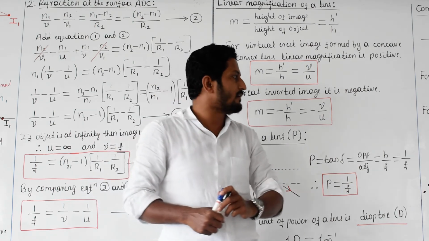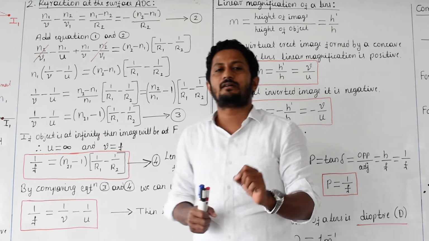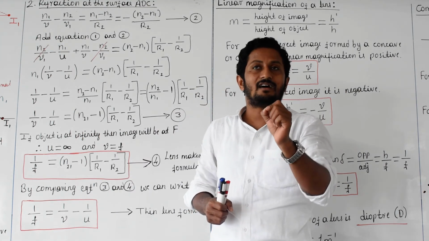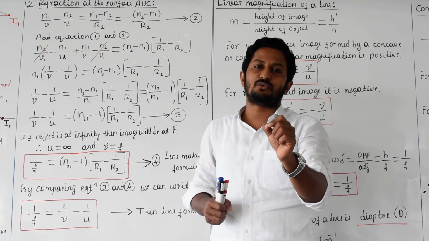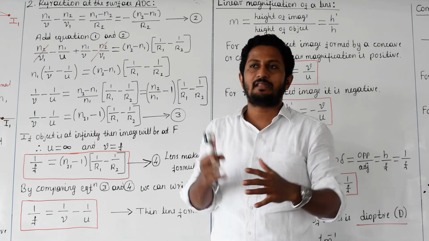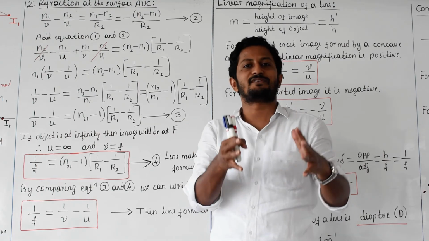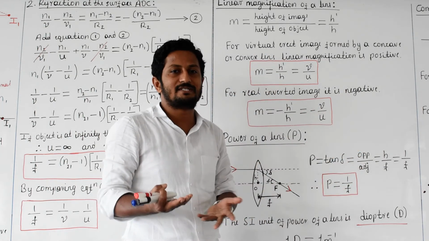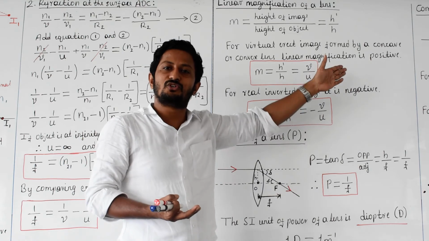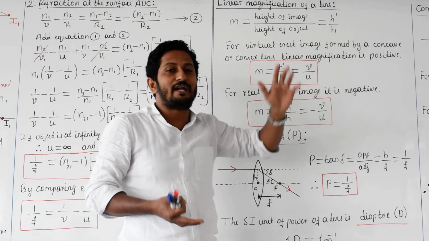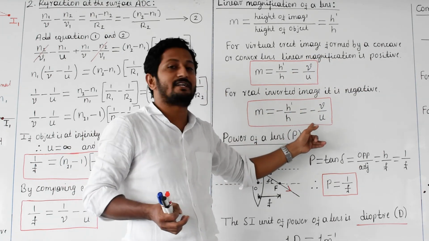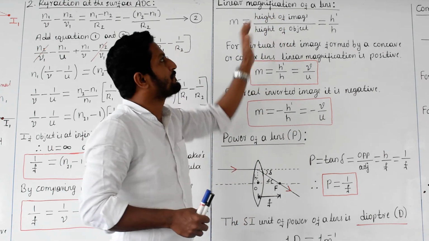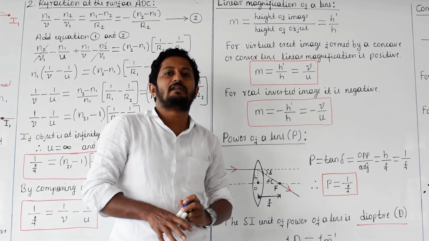It is very easy: magnification is nothing but the ratio of the height of the image to the height of the object, which we treat in terms of the ratio of image distance to object distance. For virtual it is positive, and for a real image it is negative. That's it. This is about magnification of a lens.